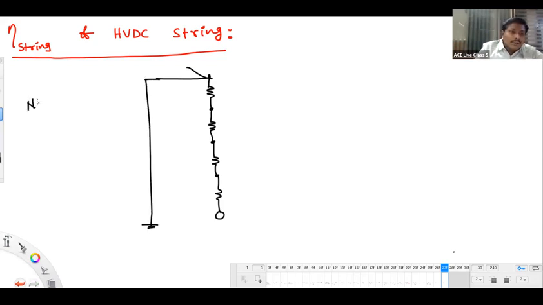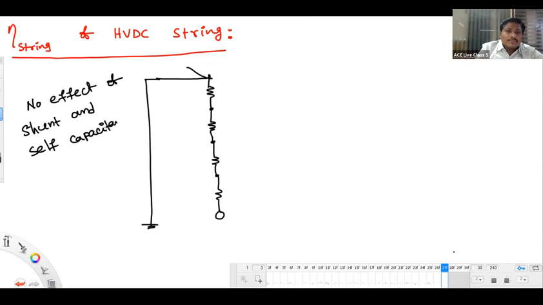There is no effect of shunt and self capacitances. And not only that, each resistor will be equal. So I am showing it as capital R simply because all the resistors are identical.